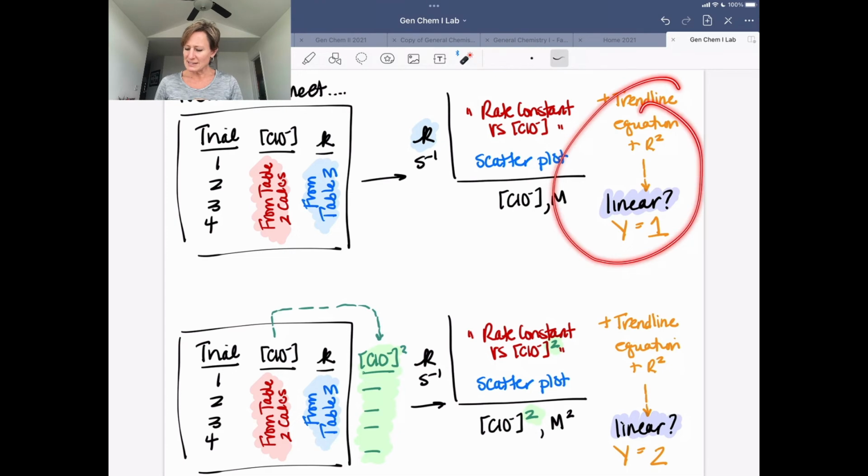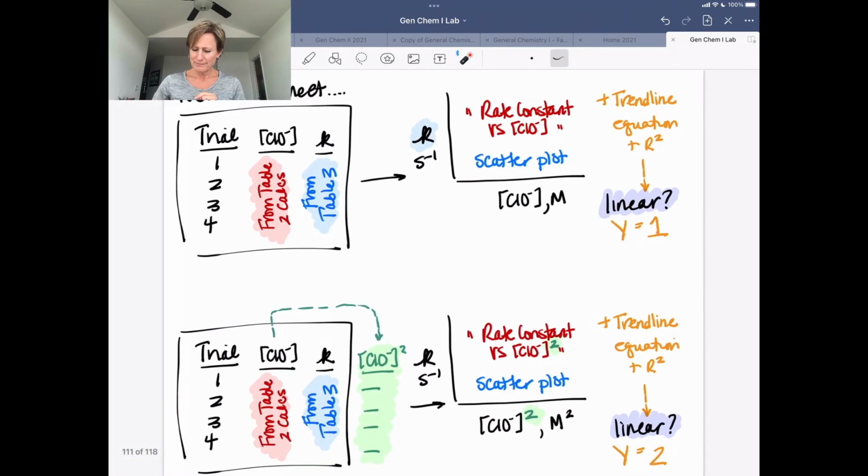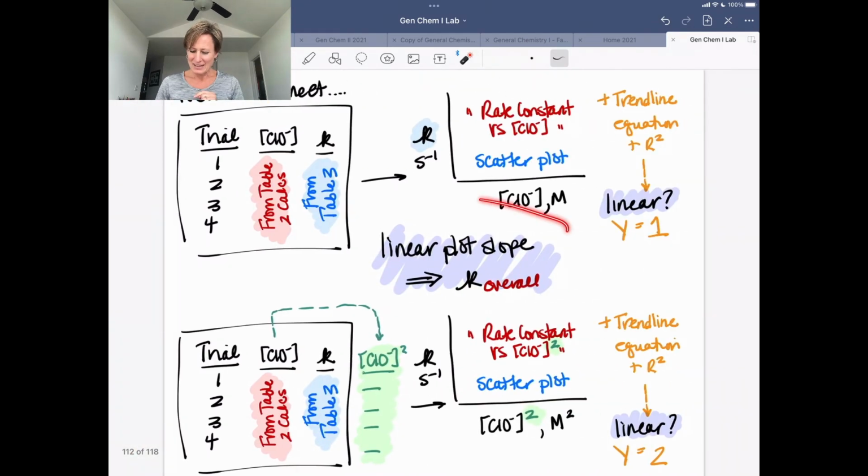Whichever one of these is linear, use that one, and take the slope of that, and that's going to be our overall rate constant, okay? So that's going to be what kind of goes in this last part down here, okay? And remember, the units of that are going to be whatever your y and your x are, because slope is y over x.